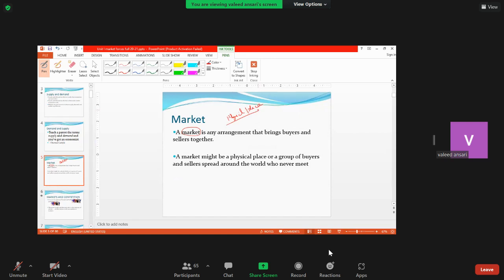The market is not limited to physical space, but it is any arrangement that brings buyers and sellers together. Maybe an electronic arrangement, where there is no physical space. So it may be the case that buyers and sellers interact with each other and have never met.